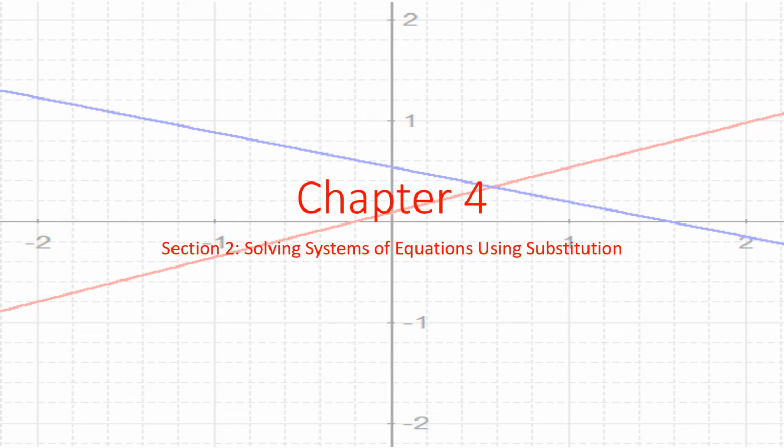Remember, though, that a system of equations is the two lines, kind of like we have here. We've got this red line and we've got this blue line, and then the solution is this point where they intersect. So that's what we're trying to find.